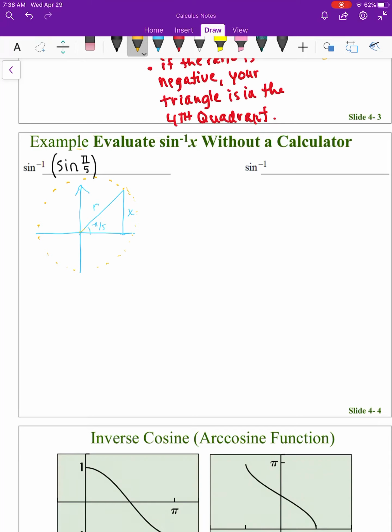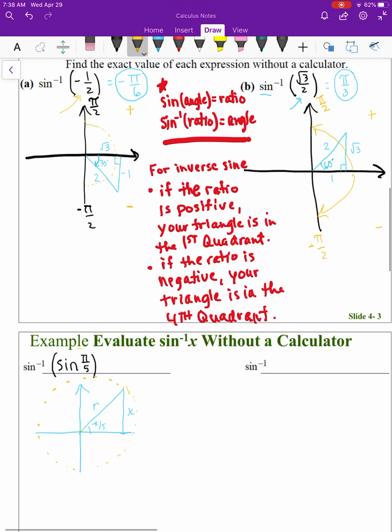And so if you think about this, you are then going to find the inverse sine of this, because we don't really know what x over r is. But if we were going to find the inverse sine of it, remember, the inverse sine, our answer is going to be an angle.